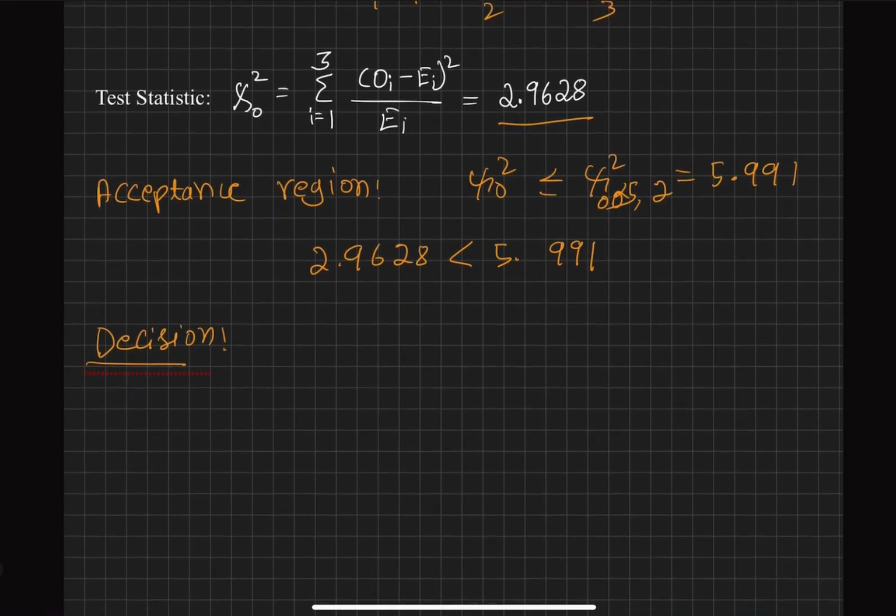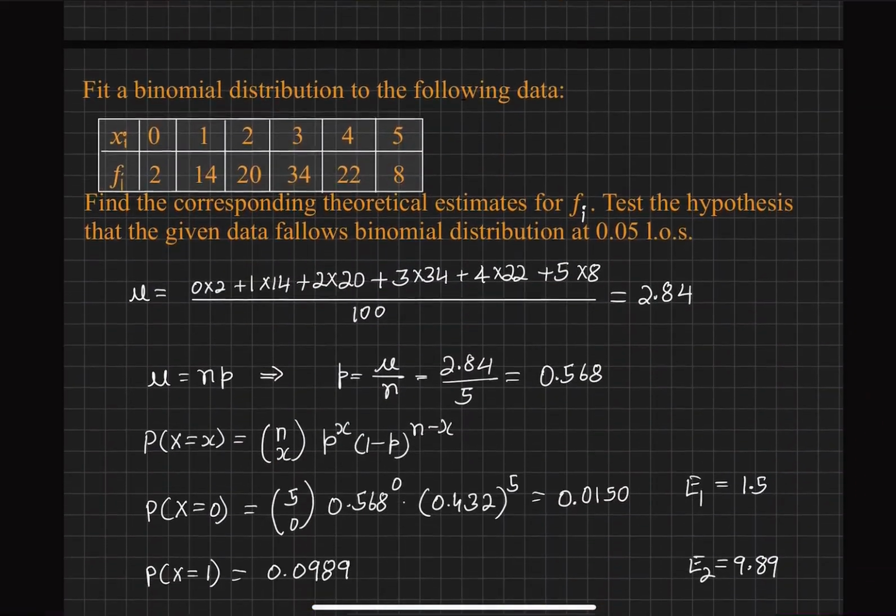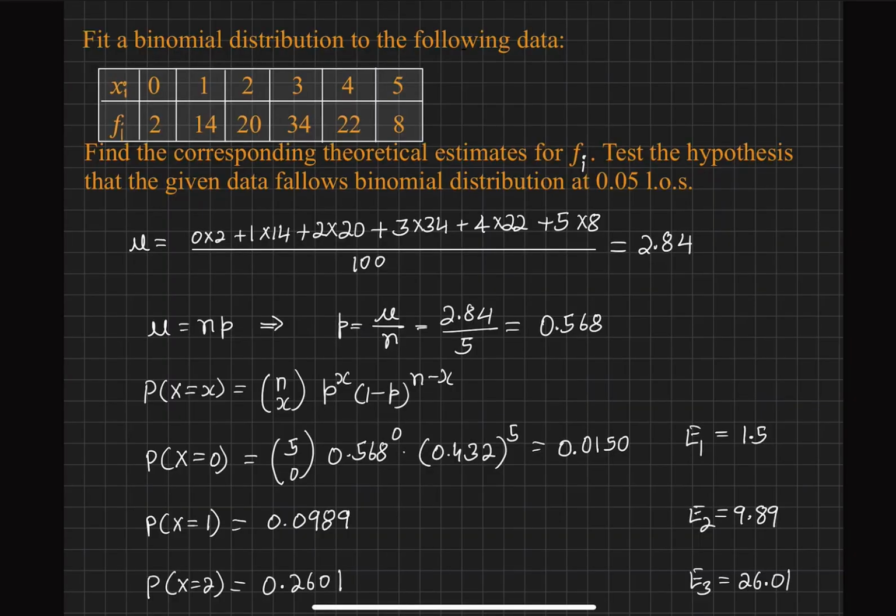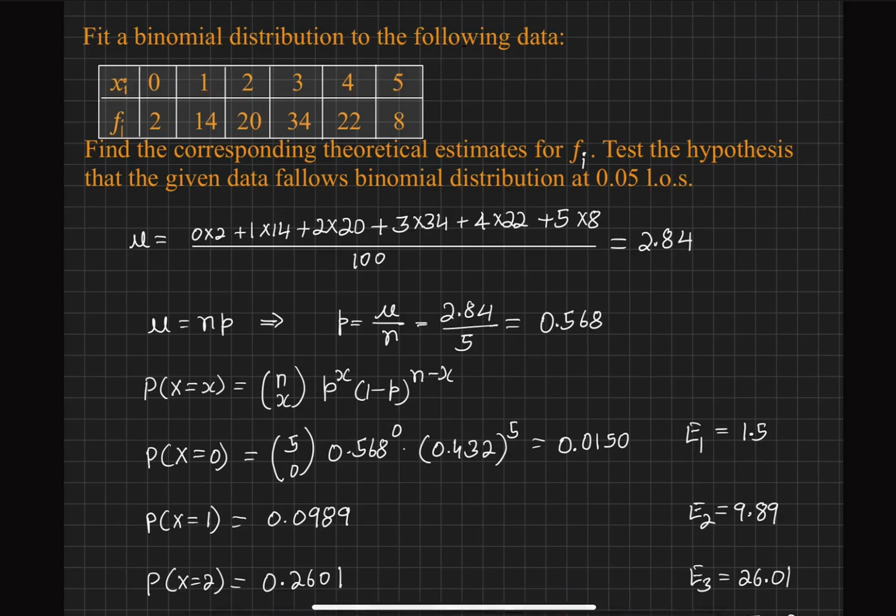Let us see quickly one more example. We'll fit a binomial distribution for the given data, and then we will go for testing how good that fit is. So here we are given the binomial data for 0 success, 1 success, 2 success, 3, 4 and 5 success.